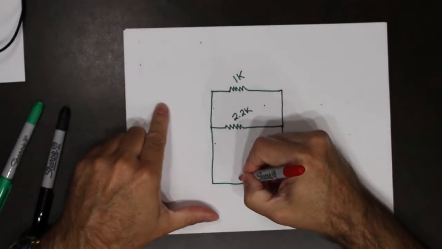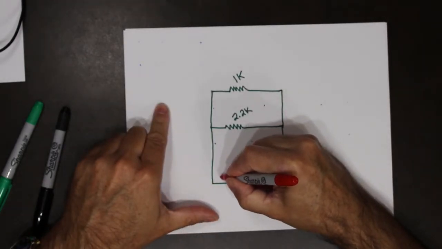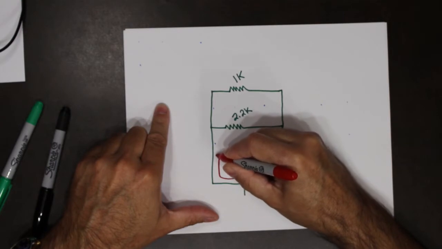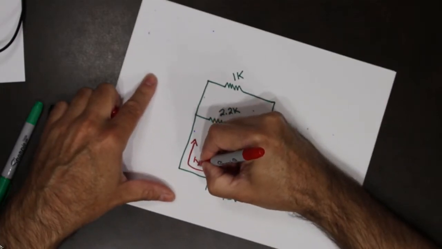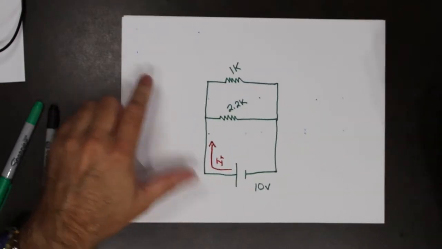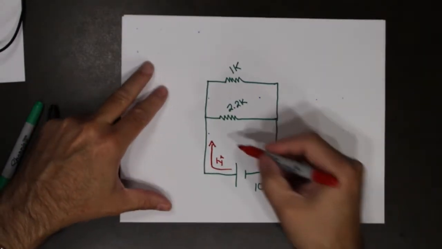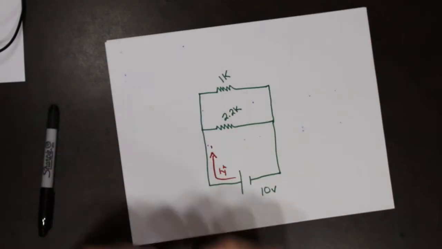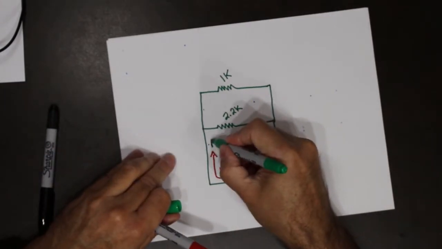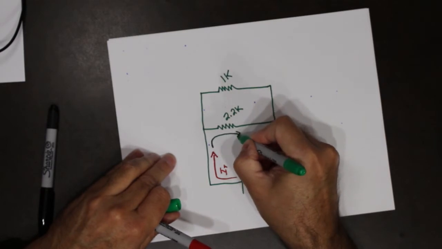When current leaves the power supply, this is the total current for the circuit. Then some of that current is going to flow this way.